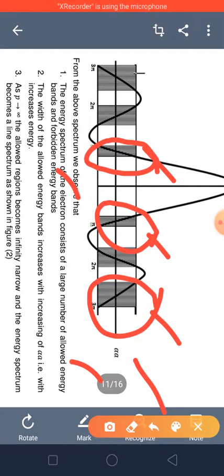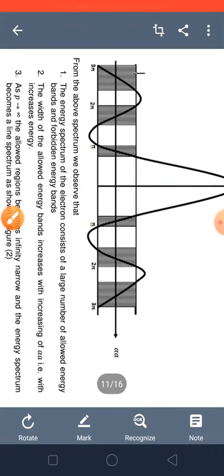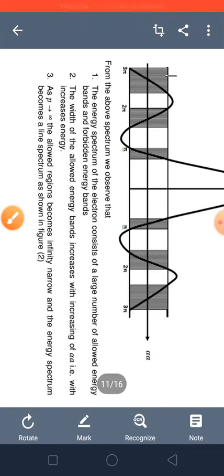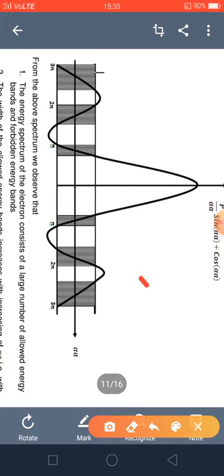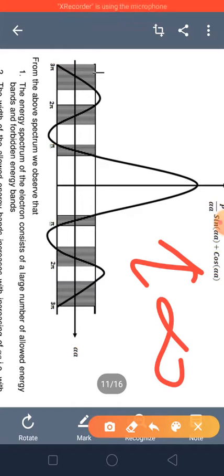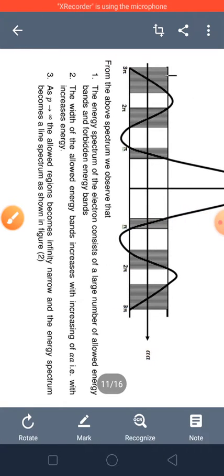On the other hand, if P tends to infinity, then what will we see? We see that the allowed regions become narrower, and the energy spectrum becomes a line spectrum.